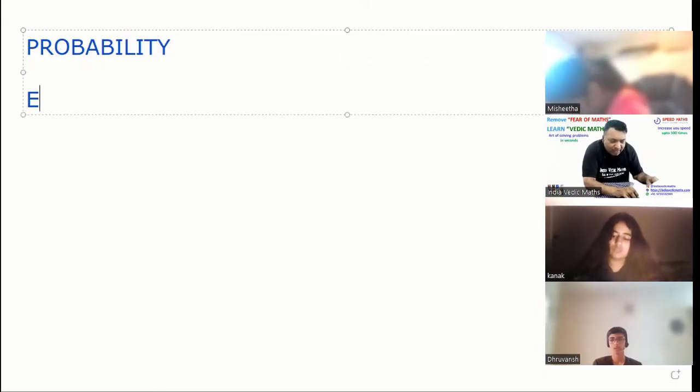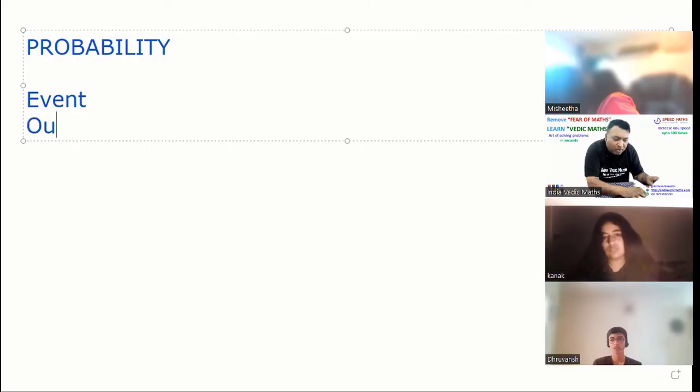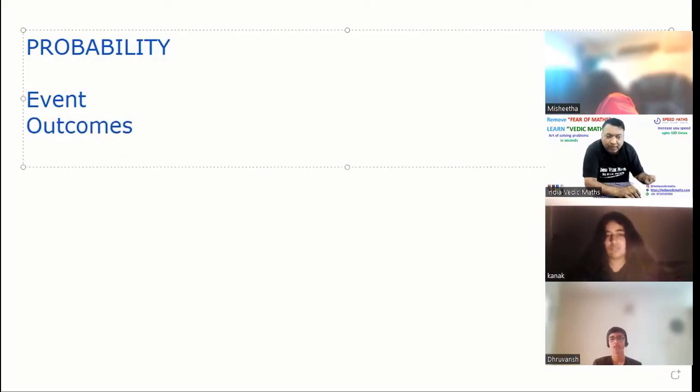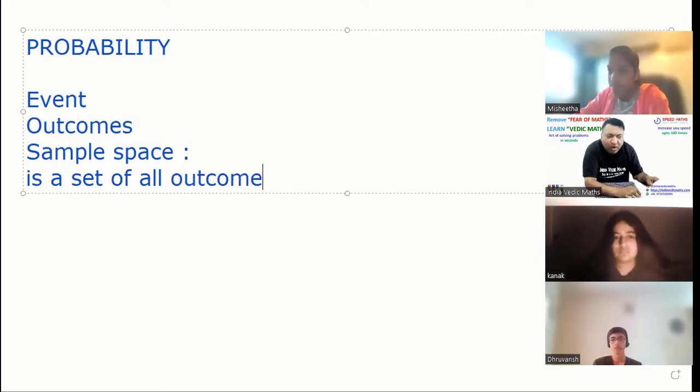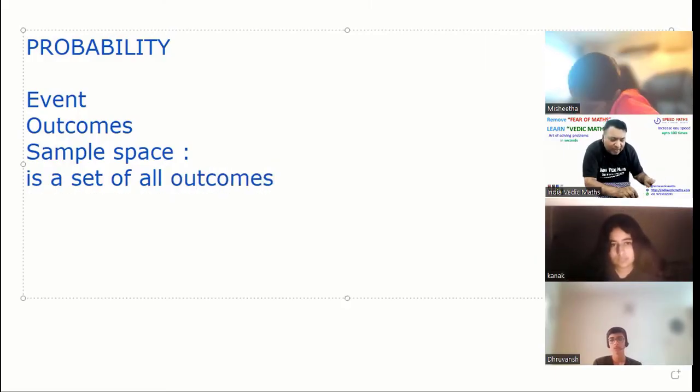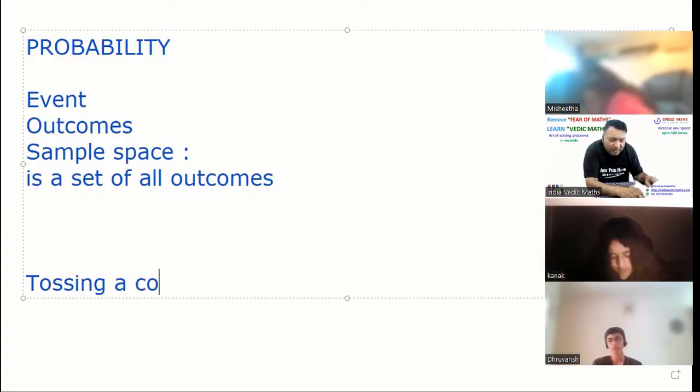So probability has an event, and outcomes. Then something called sample space. What is sample space? Sample space is the set of all outcomes. Suppose I say tossing a coin is an event, everybody agree?